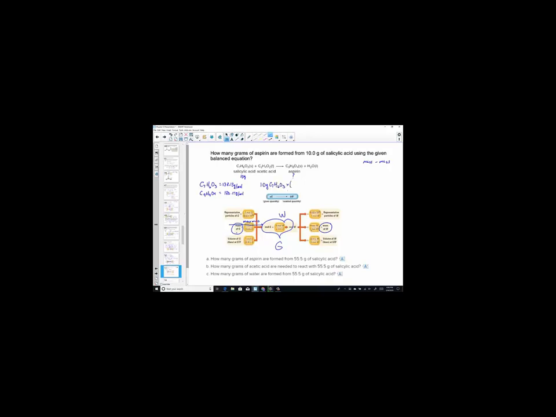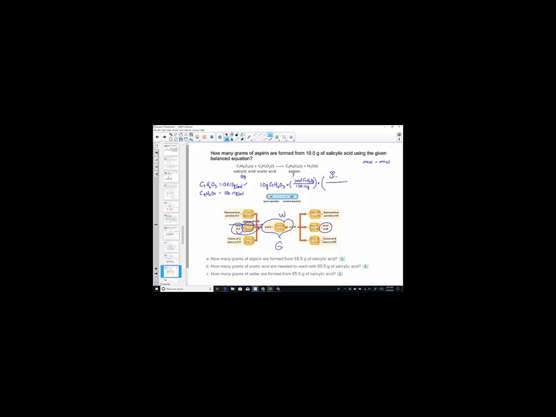My first step is to move from grams to moles. I literally trip over my conversion factor. I know that 1 mole of C7H6O3 would weigh 138.13 grams. That's my conversion factor, the molar mass. We're now at the heart of our stoichiometry problem.